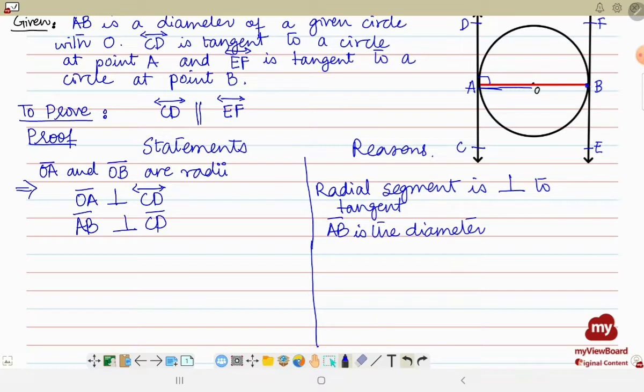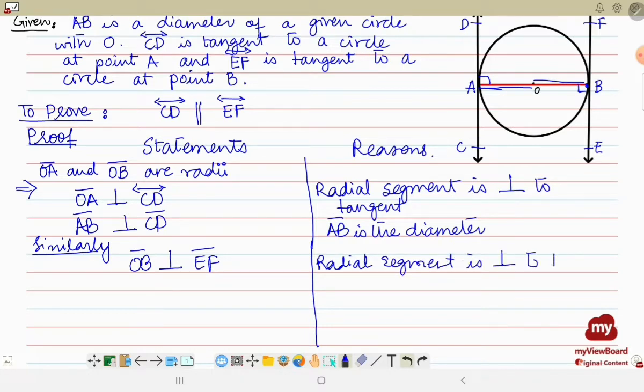Similarly we can write that OB is perpendicular to EF, right? And the same reason, that radial segment is perpendicular to tangent line. So we can write by theorem, radial segment is perpendicular to tangent line, right?